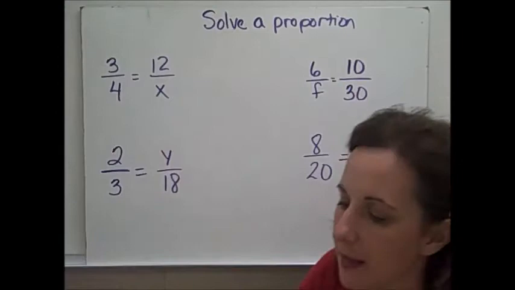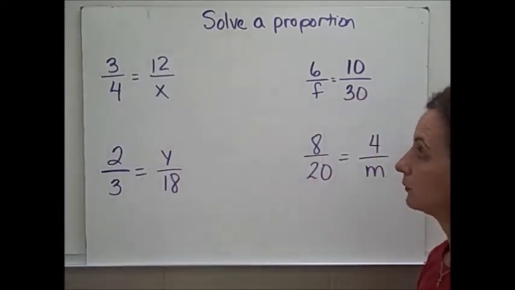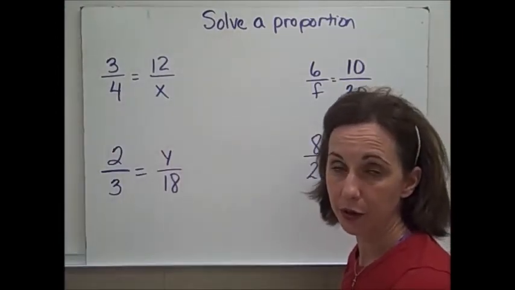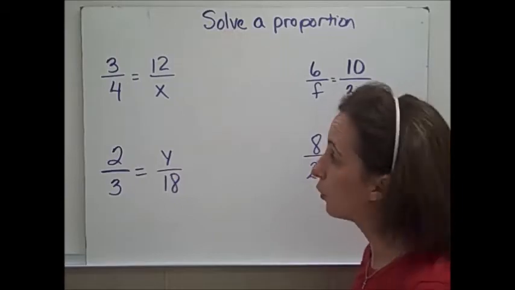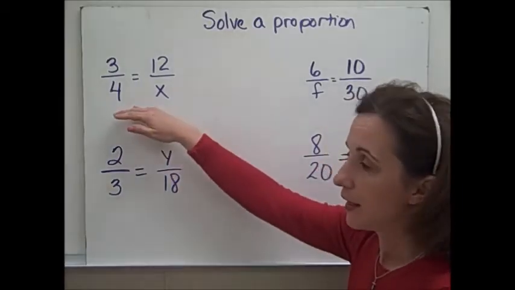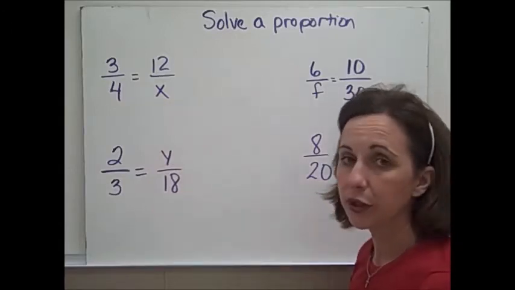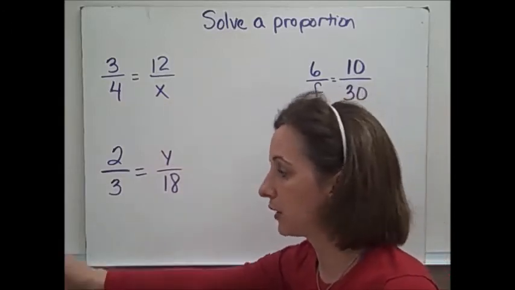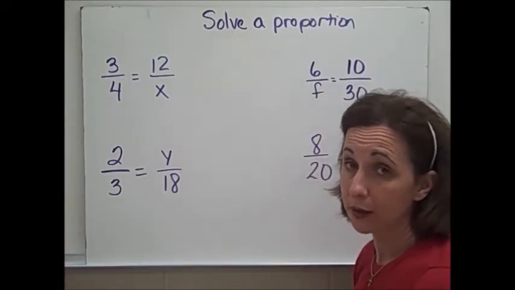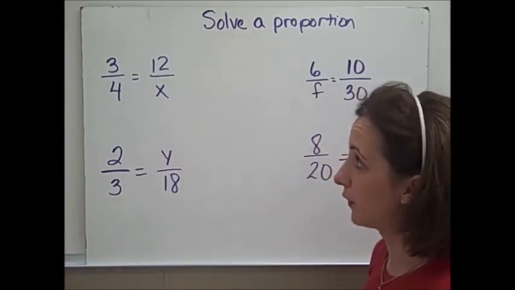The other thing you might be asked to do is to solve a proportion. If you'll notice, these are ratios with one of the numbers missing. And we're going to use one of those methods that we just used to decide if they were proportions to solve for them.